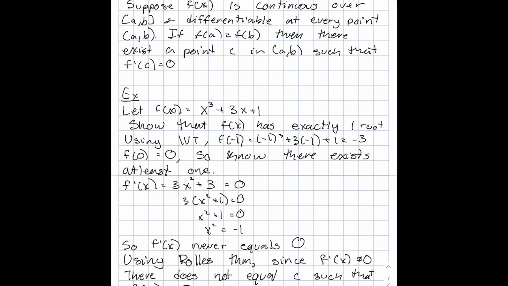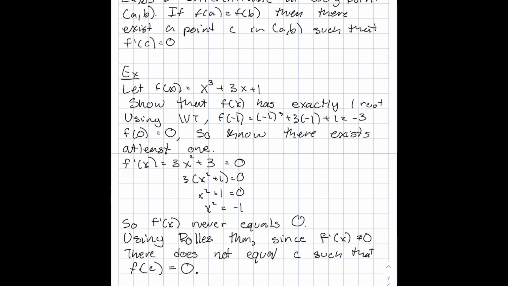So basically what this is saying is no other point can be a root. We're only going to have one. The intermediate value theorem tells me I have at least one root. Rolle's theorem says the derivative can't equal 0, so there's never going to be a time where I equal that function value again.